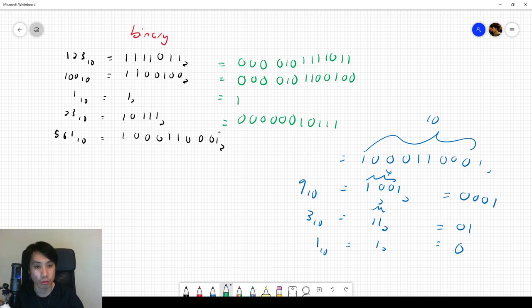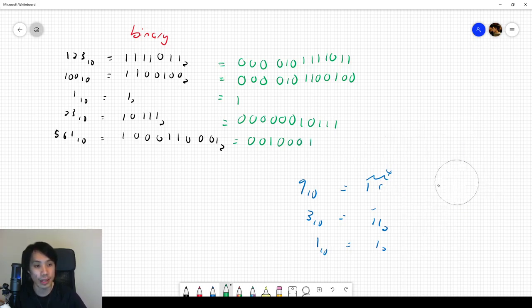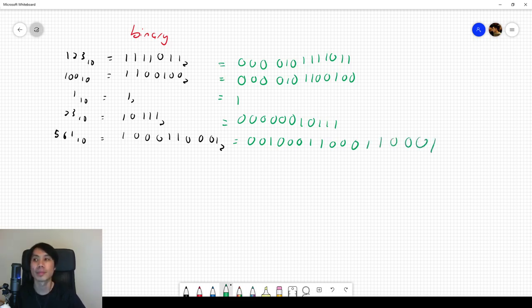So if I were to write it out, it will be 0, 0, 1, 0, 0, 0, 1, right? And finally, I'm going to put what we see here, 1, 0, 0, 1, 1, 0, 0, 0, 1. Okay? Now imagine if I were to randomly combine all my bits, right?